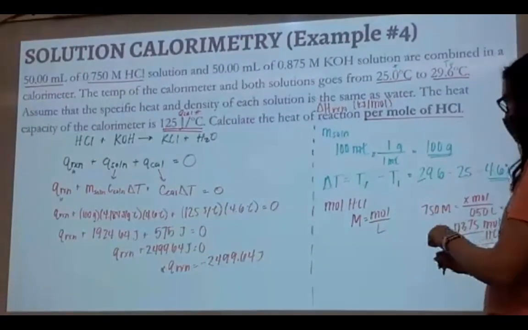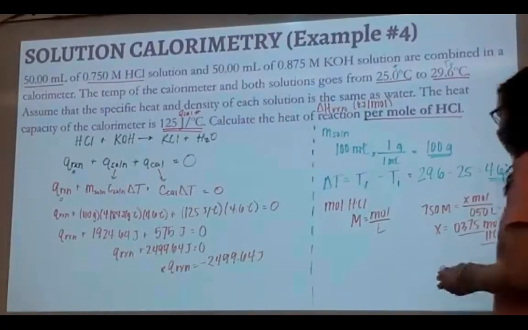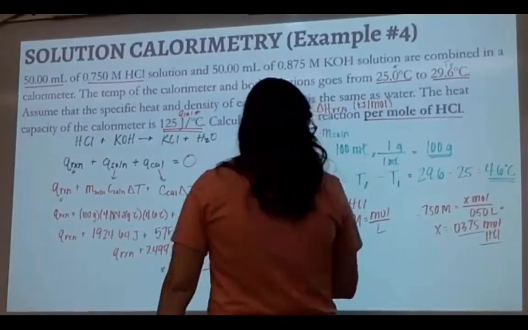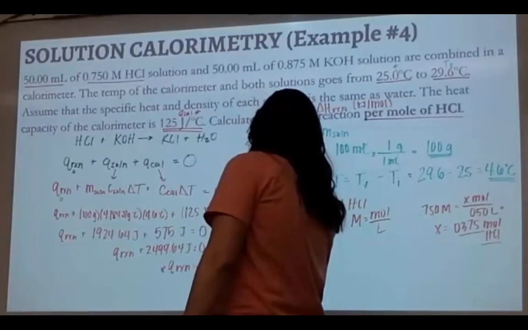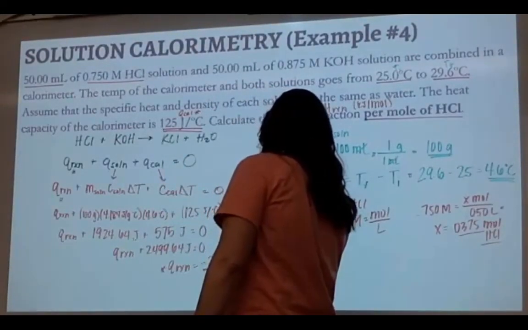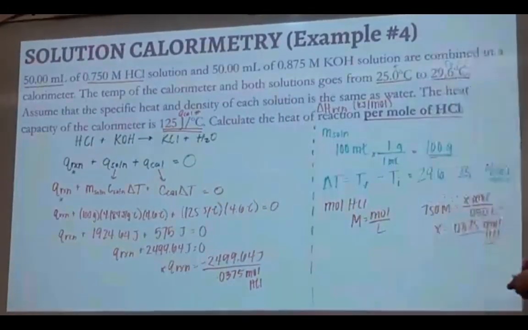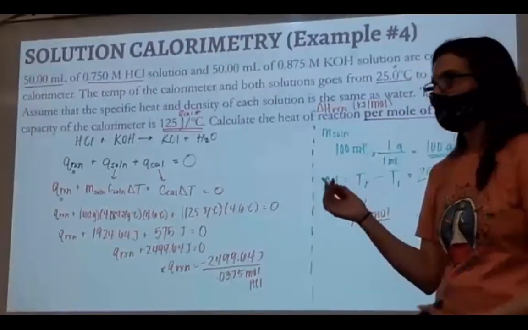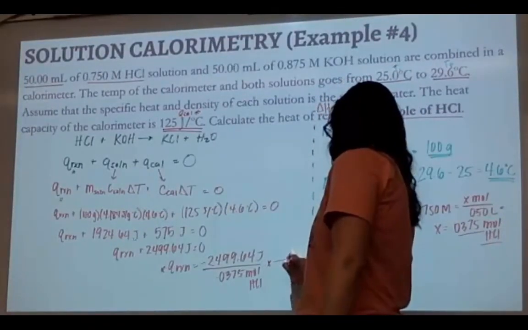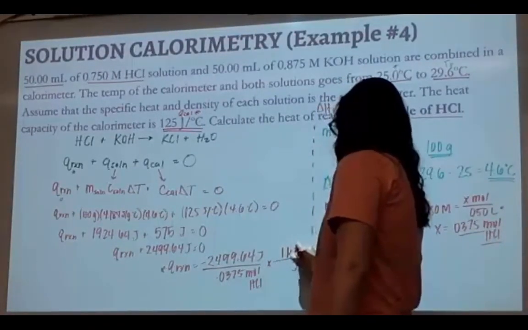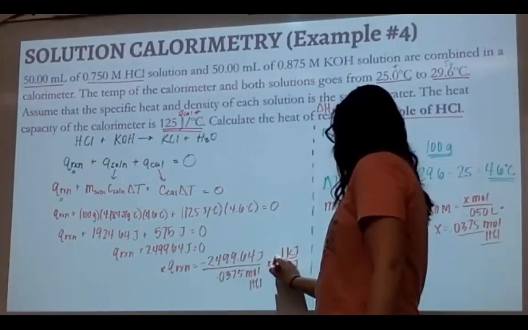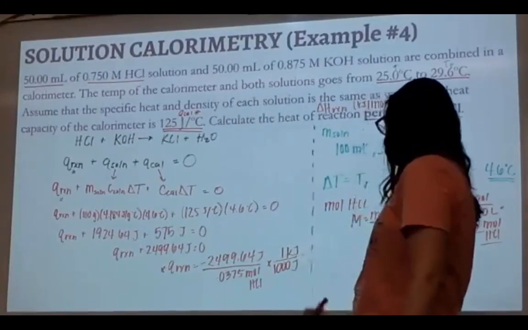So now I can solve for delta H. To solve for delta H, I can divide this by 0.0375 moles of HCl. Now delta H is usually in kilojoules. You could solve this and then put it into kilojoules, but I'll show you how you can do it here. For kilojoules, there are 1,000 joules.